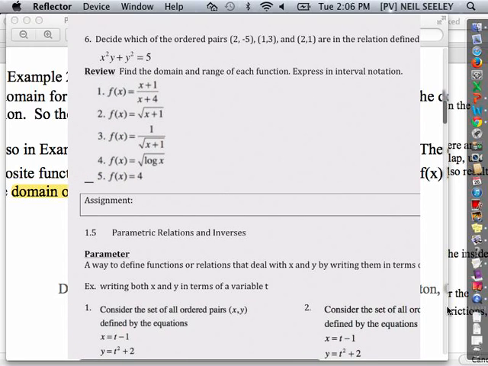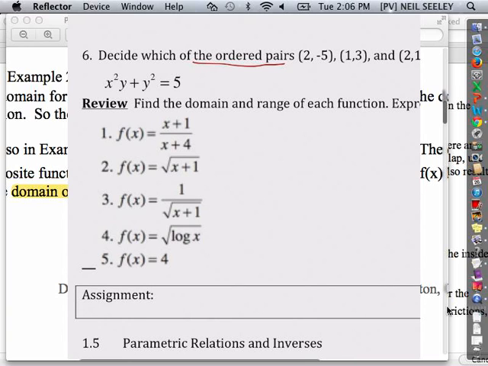If I say, is the ordered pair in the relation, I mean, does the ordered pair satisfy the relation? Like, does it work? Do you get a real result? So for the first one, we'll call it A, B, and C. So part A, if I put in x is 2, that means 2 squared, y is negative 5, plus y squared, and that's 5.